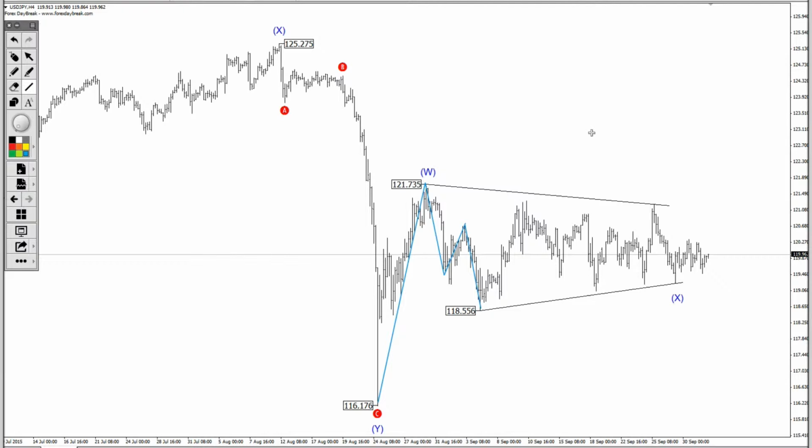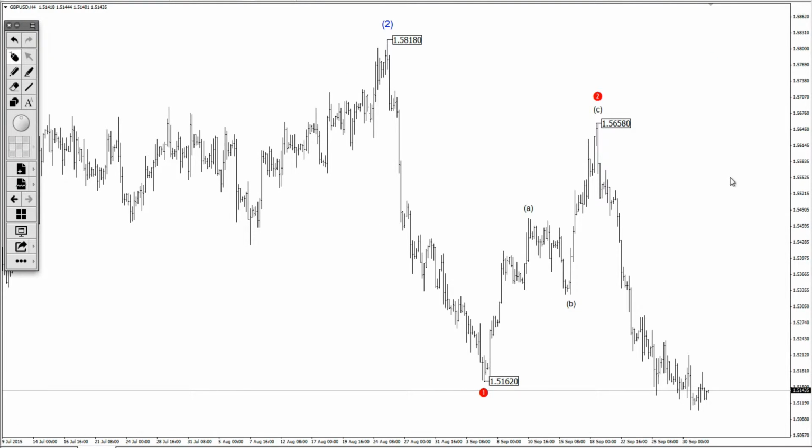So next move should be to the upside and past the triangle trend line, which is around 121 at this point. So more upside on the coming days on dollar yen.